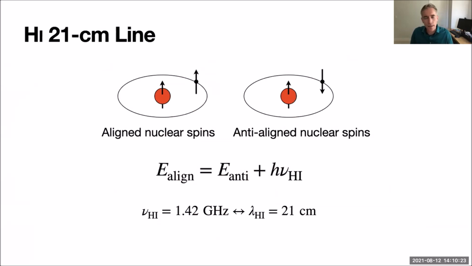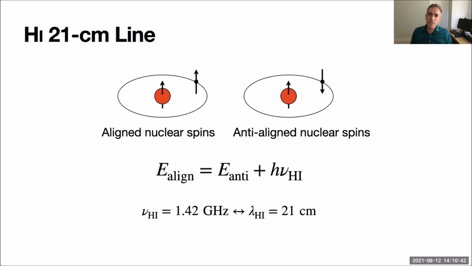And the aligned state, because of magnetic interactions, is slightly higher energy than the anti-aligned state. And the photon energy corresponding to that energy difference gives you an observed frequency of about 1.4 gigahertz, or in terms of wavelength, about 21 centimeters.